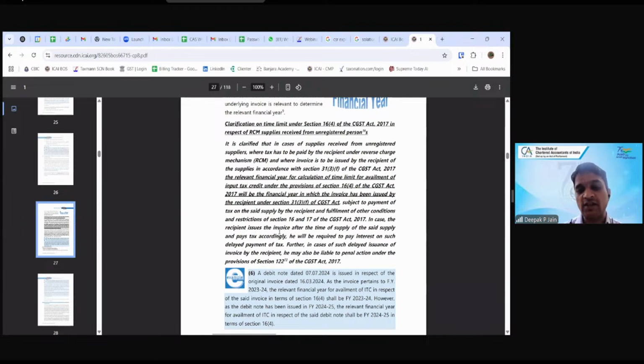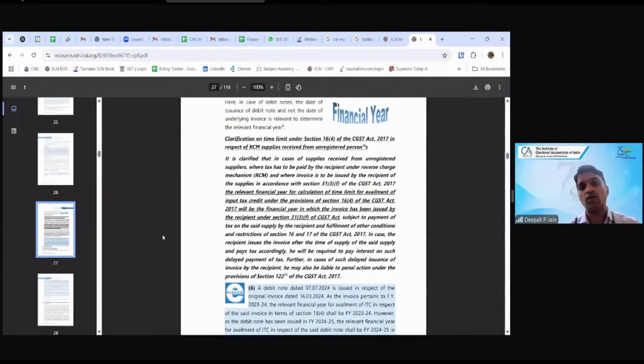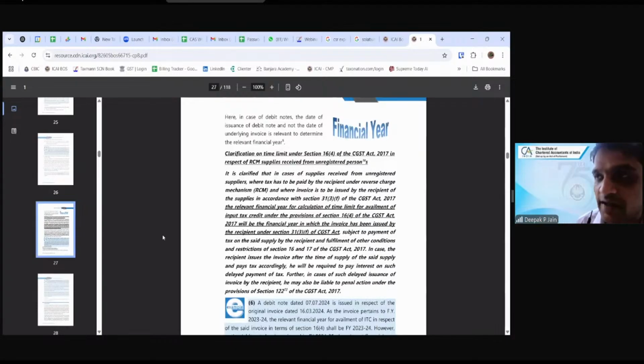In case the recipient issues the invoice after the time of supply of the said supply and pays up taxes accordingly, he will be required to pay interest on such delayed payment of taxes. Further, in case of such delayed issuance of invoice by the recipient, he may also be liable to a penal action. So what this circular is saying is, you have to pay reverse charge, correct?